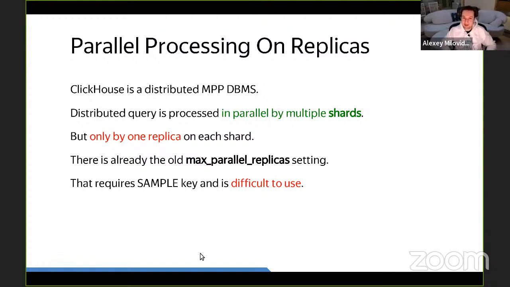Some people know that we already have the setting named max_parallel_replicas. For this setting to be usable, you have to specify a sampling key, and it is quite difficult to use. You have to carefully choose an appropriate sampling key, and it is not easy. Most of the time, it will not parallelize your query across replicas. So this setting is not good.